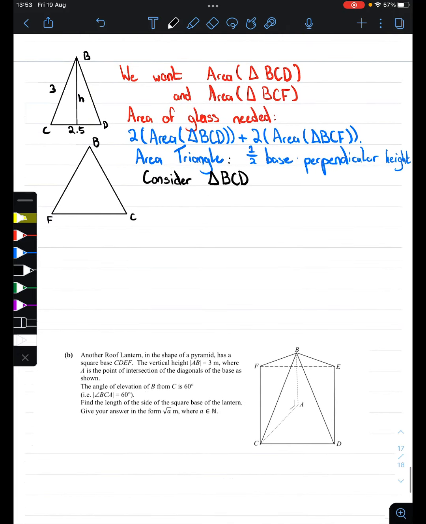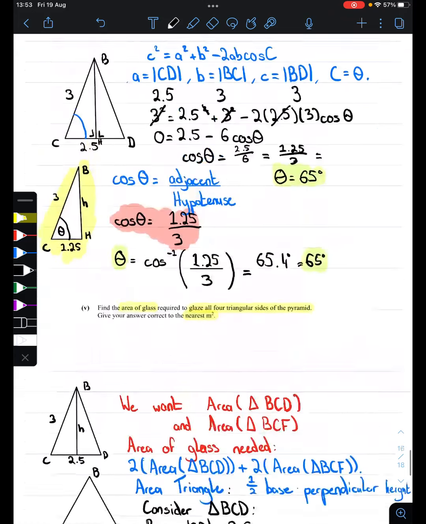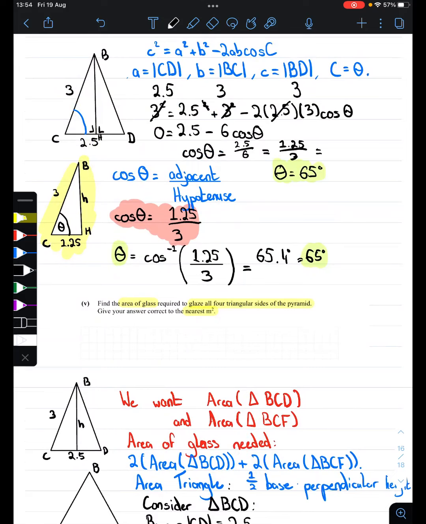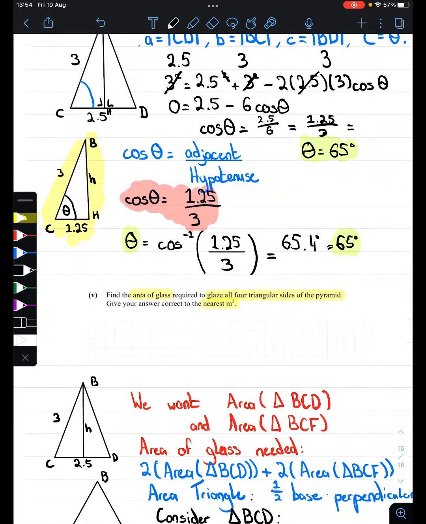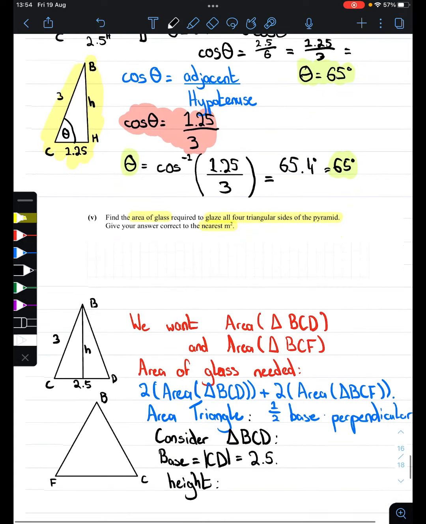The base CD we know is 2.5, and the height we can calculate. If we look at this triangle that we've highlighted in yellow here, we can use Pythagoras' theorem to find the length h.